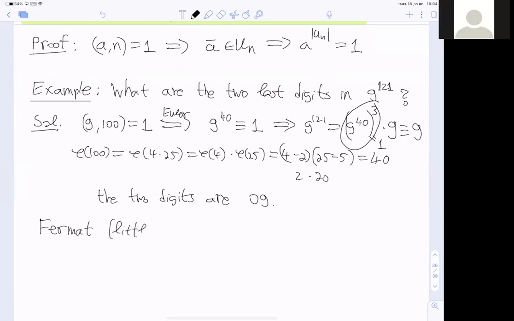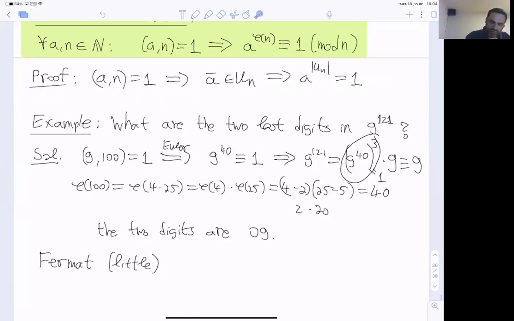I'm sorry, what do you mean by the two digits of 0, 9? I mean, you take this large number and you take the least significant two digits. Yes, it finishes with 09. Of course, it's a very big number.